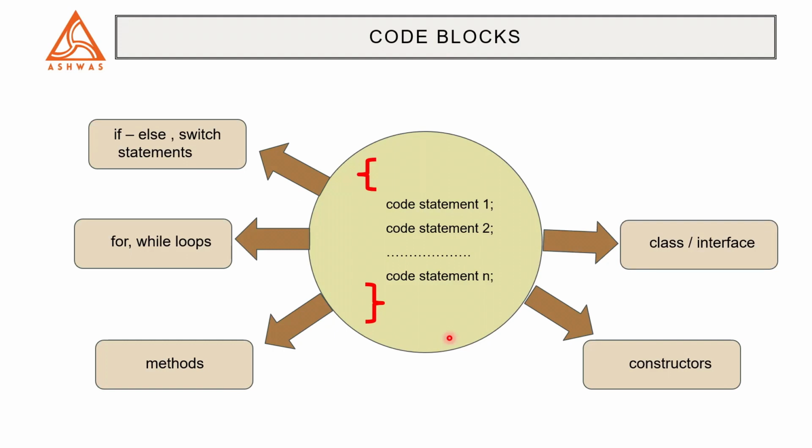In fact, in Java, this is the highest level of code block. And we will also see the code blocks when we do static blocks. So, everything that you want the program to do is put in one or many such code blocks within the program.